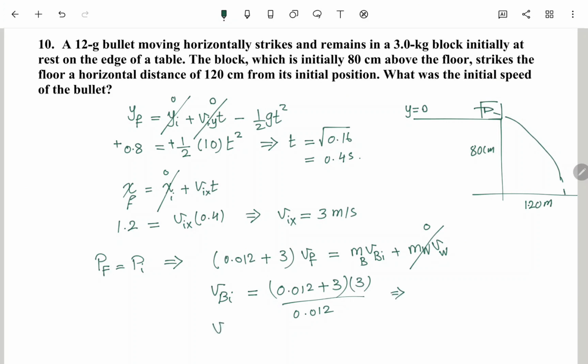In this case, the initial velocity of the bullet is equal to 753 meters per second, or 0.75 kilometers per second.